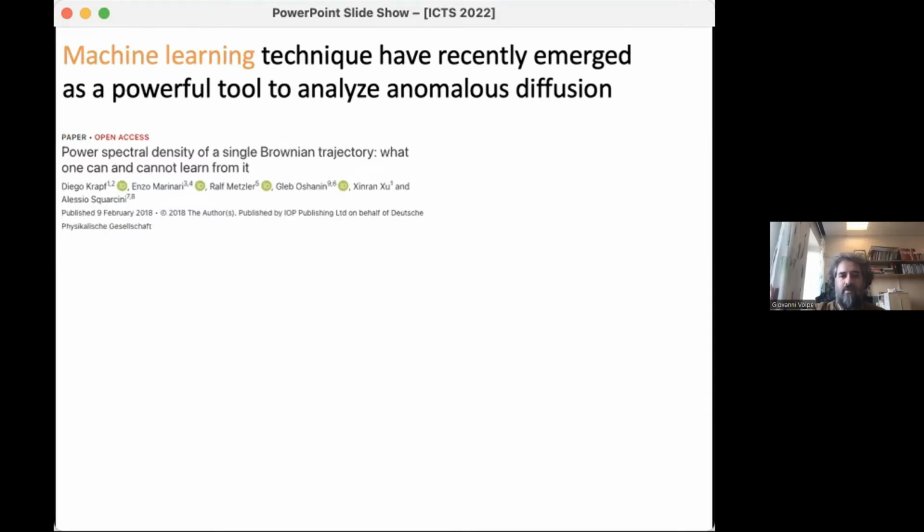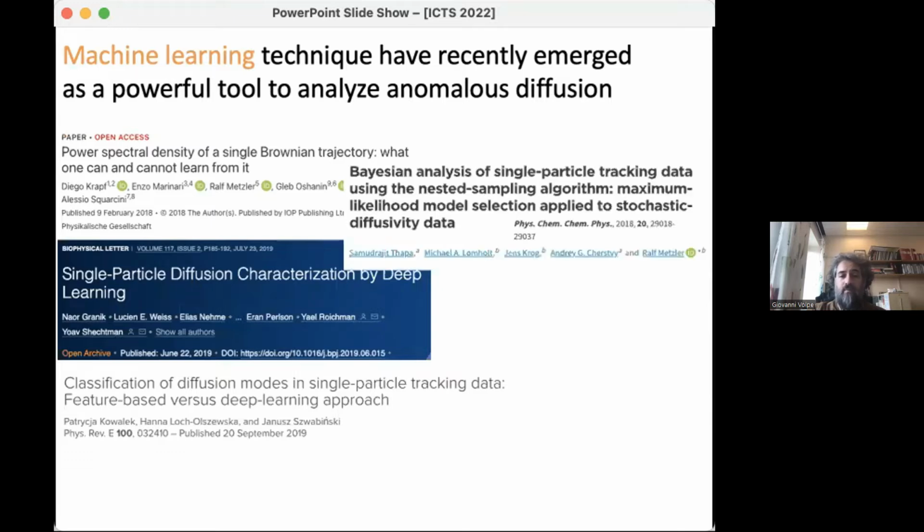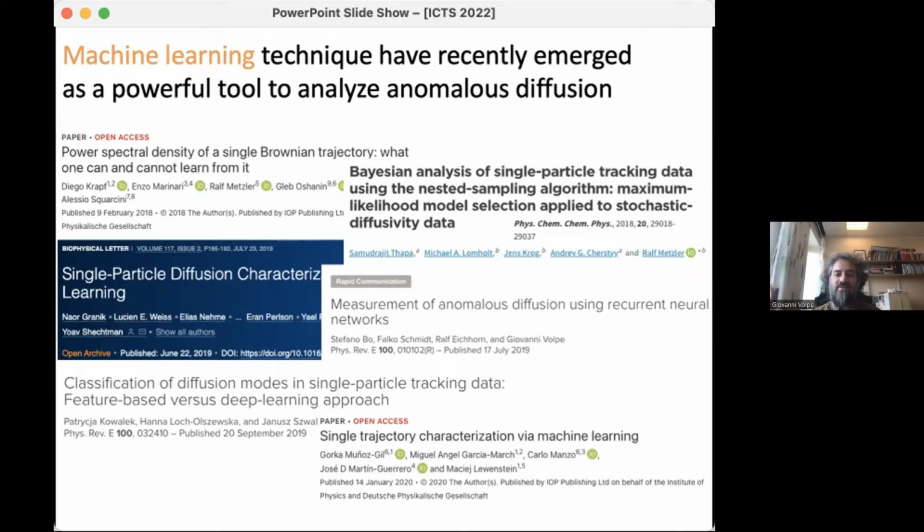So here you see that there were papers by Metzler, by Yael Reuchmann, by some people in, I cannot pronounce them, some people in Poland, and also our own paper, which came out in 2019, and a paper by Carlo Manzo and Gorka Munoz in 2019, 2020. All these papers, what they have in common is that they independently, curiously, but at the same time, many groups came up with the idea that we should go and look into using machine learning, advanced machine learning techniques such as neural networks.